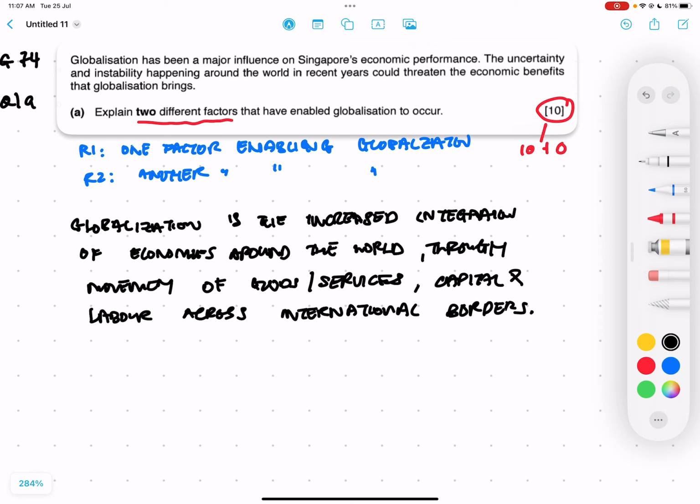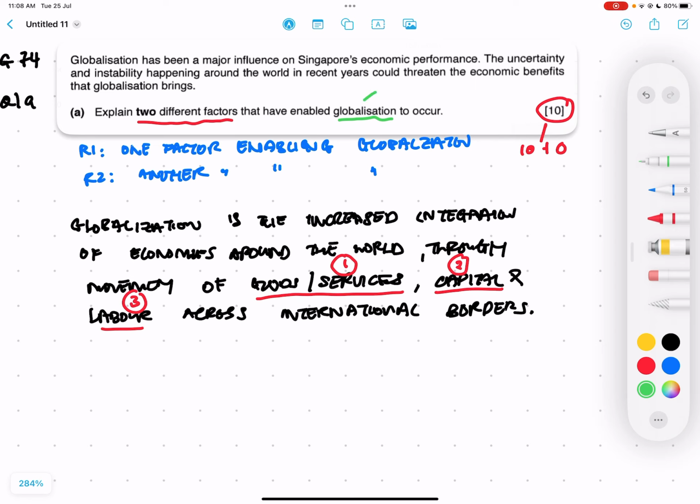I want to slow down on the definition first. If you read the definition very closely, you will notice that there are three different facets to globalization. The first facet is the movement of goods and services, number one. It involves the movement of capital, number two, and the movement of labor, number three, across international borders. The difference between a question that asks you for globalization versus a question that asks you for trade is that if the question uses the term globalization, you need to talk about all three facets.